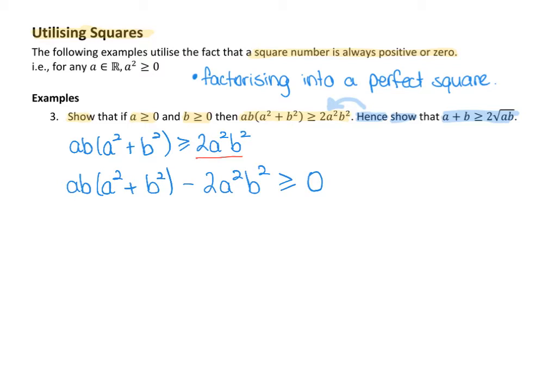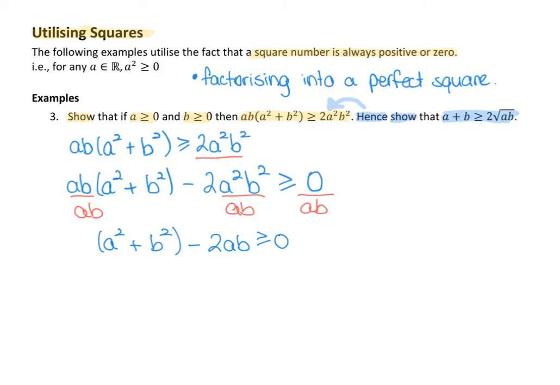Okay, now just as we did before, we need to try and simplify this statement somehow. And as we said, we're looking to try to factorise these things into perfect squares. So the first thing I'm going to do, I can see that they both have this factor of AB. So I'm going to divide it away. And that will leave us with just that set of brackets, so the a squared plus the b squared from the first term, minus two lots of AB.